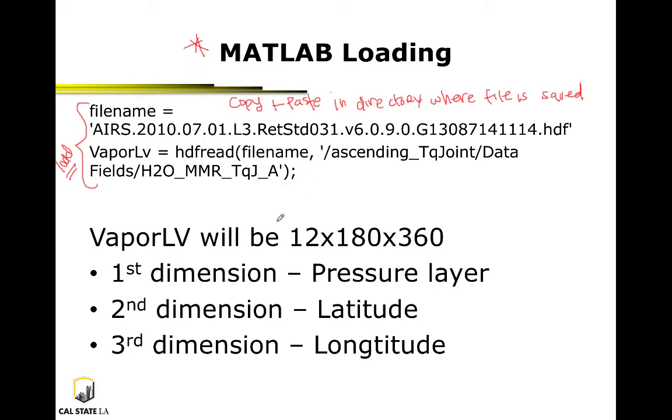I'm going to do a sample of how to do this. When you load in Matlab, your vapor LV variable is going to have these dimensions. The first dimension corresponds to the pressure layer.